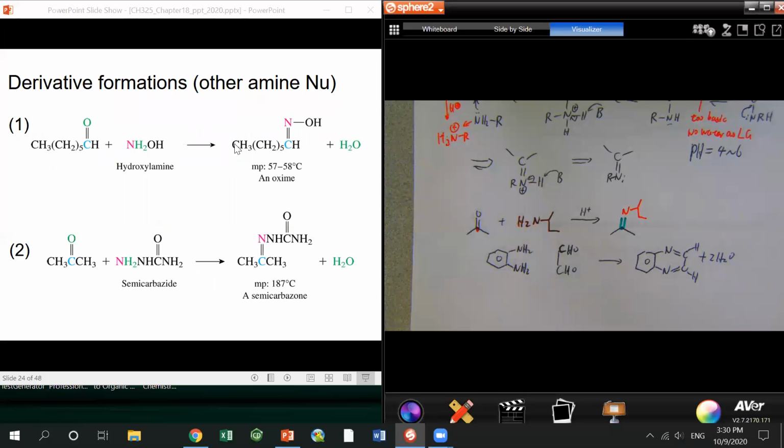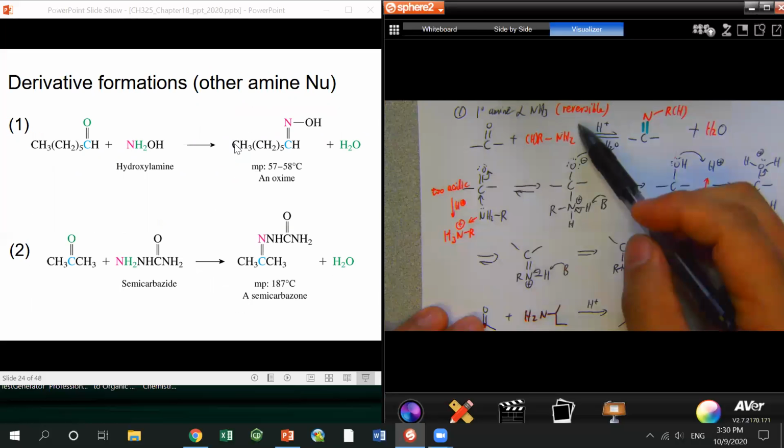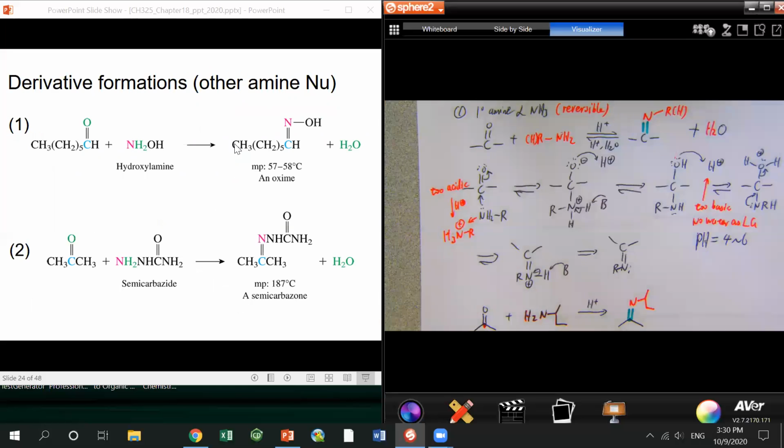Here we only talk about the amine and ammonium as a nucleophile. Actually, any functional group or compound which has an NH2 on the molecule can have these reactions.